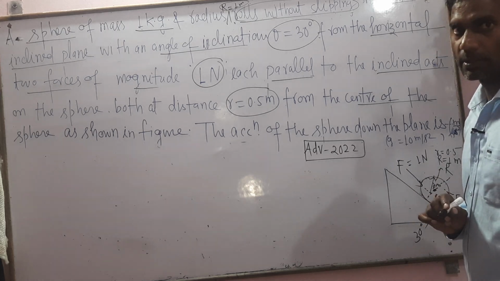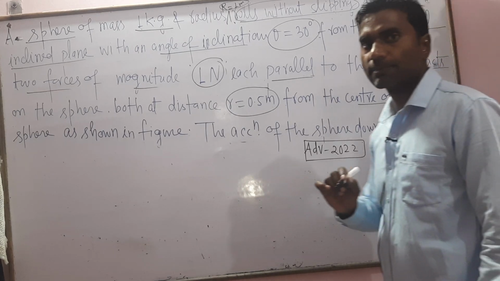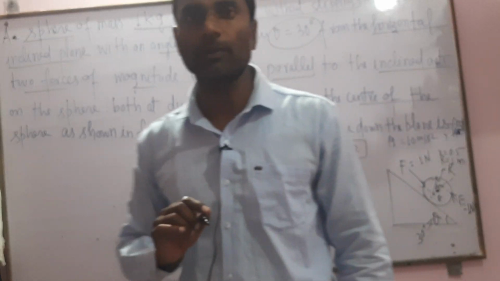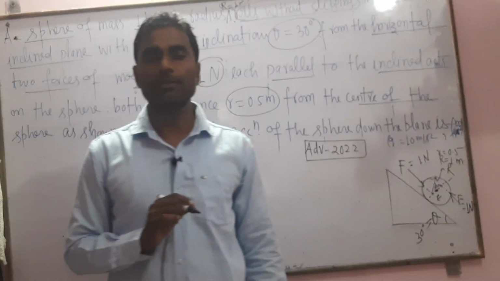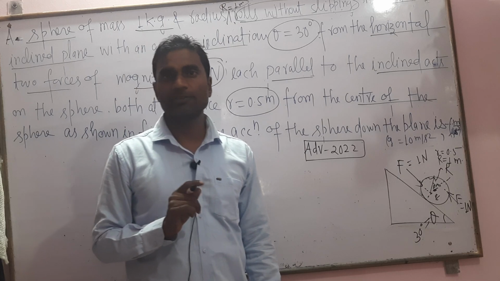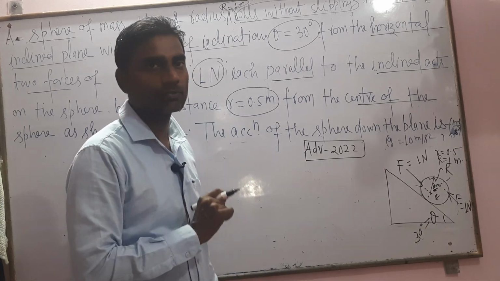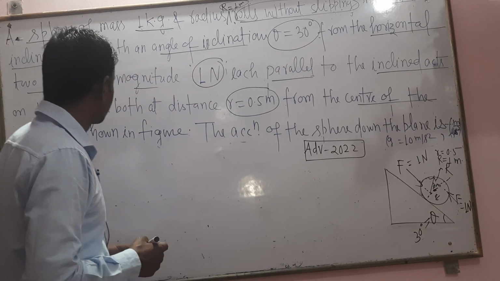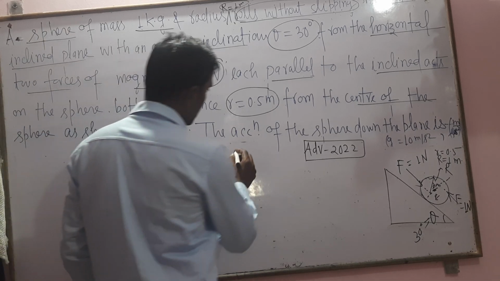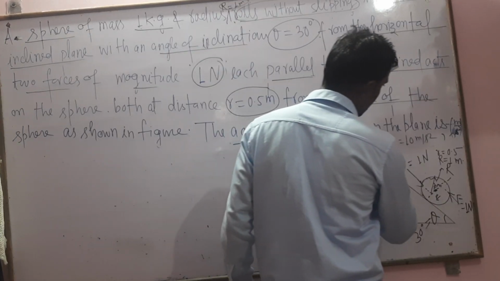Sphere means solid sphere. The moment of inertia of a solid sphere is 2 by 5 mr square, and of a hollow sphere is 2 by 3 mr square. As shown in the figure, we need the acceleration of the sphere down the plane.